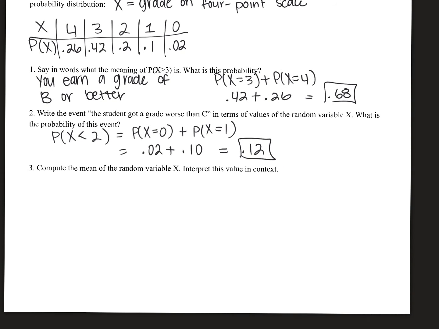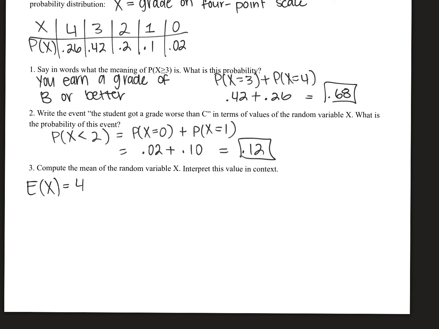Next, we want to compute the mean and interpret this value in context. It is really important with discrete random variables that when you calculate the mean, you also interpret what that actually represents in the problem. So our mean, which we usually denote now E of X, we take our X value, multiply it by its probability, and add.